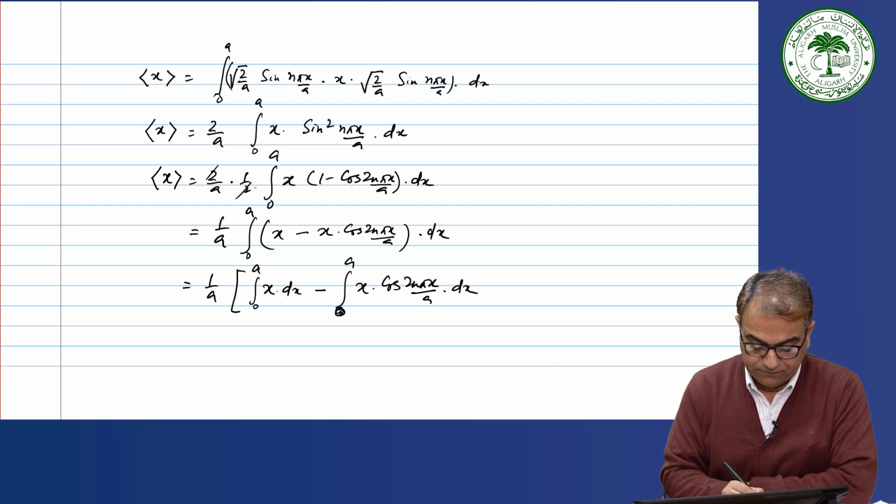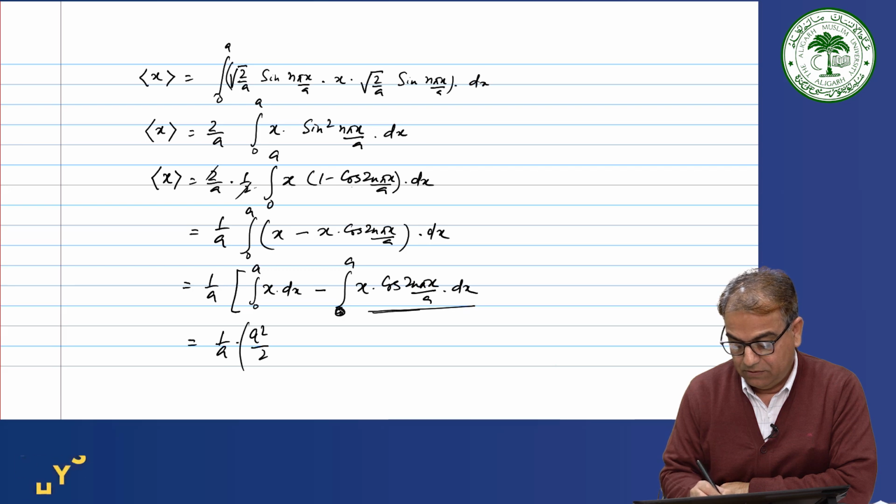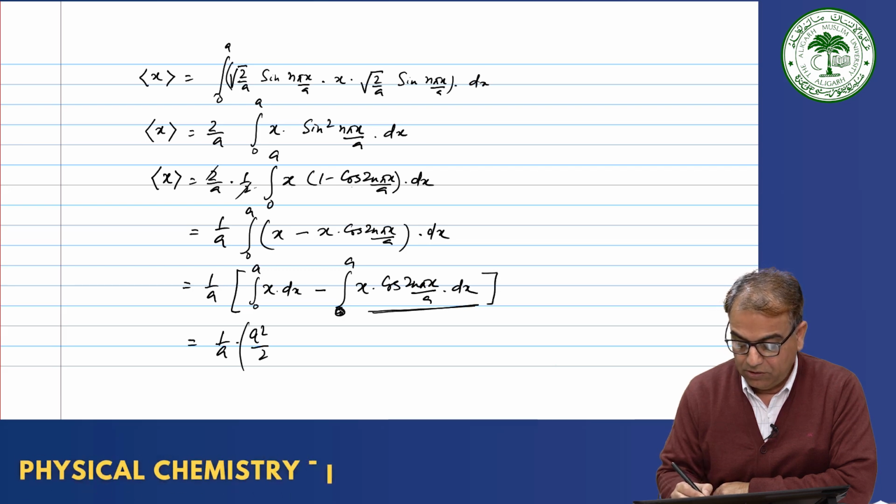So the first part will be x square divided by 2, and if you put the value of a, then it will be this one. The second part you will have to do by using integration by parts.